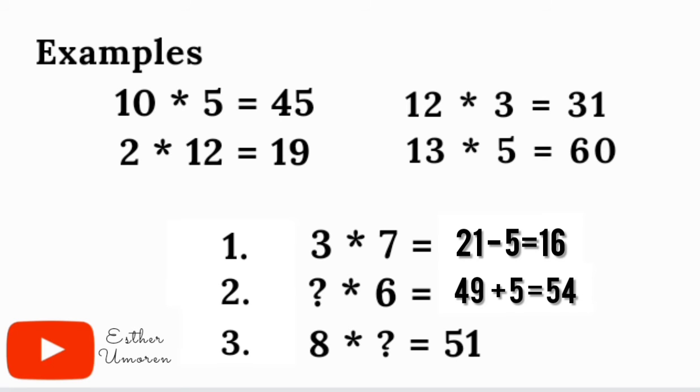If you check that, the answer is 9. That is for number 2. And for number 3, we have 8 asterisk question mark equals 51. So I'm going to add 5 to 51 to have 56. Then I ask myself, what can I multiply by 8 to give me 56? If you check that out, you'll realize the answer is 7.